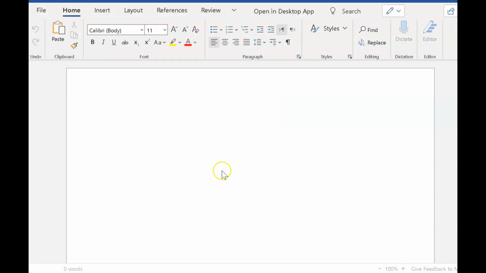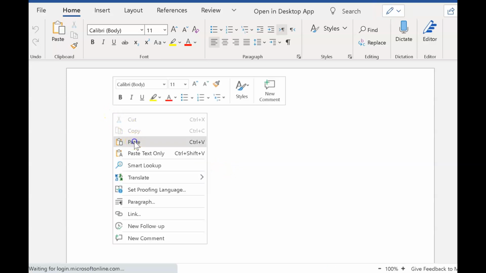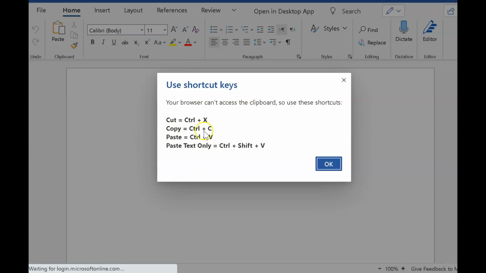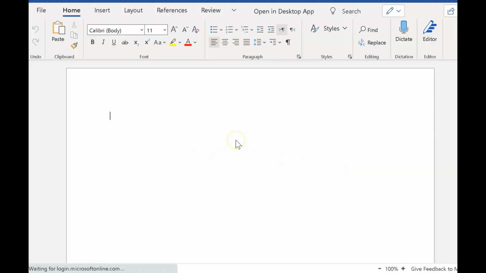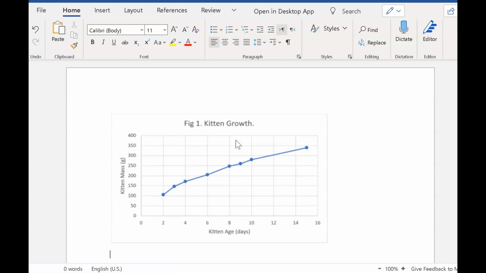So now I am in Microsoft Word, and here the paste isn't working the same way as in the desktop application, but I can still paste it, but instead of right click I have to do Control V. Okay, so I'm going to say okay, and I will use my keyboard to paste my graph.